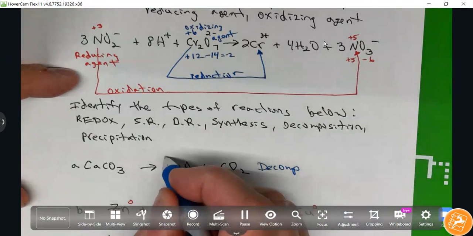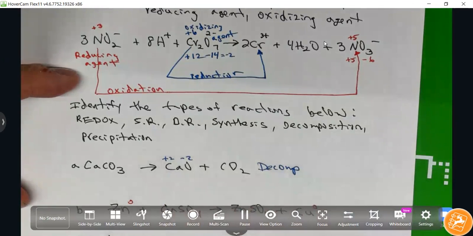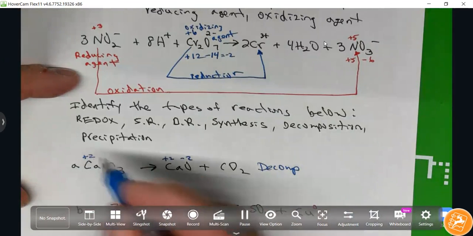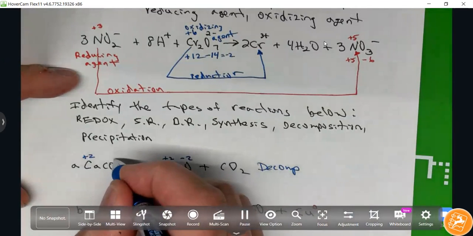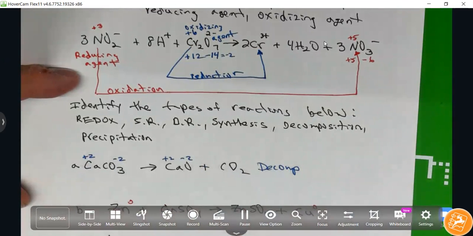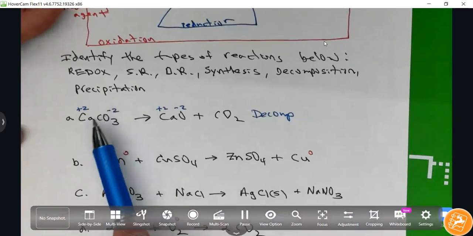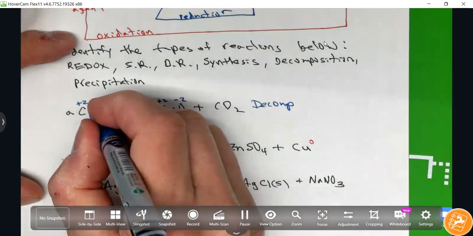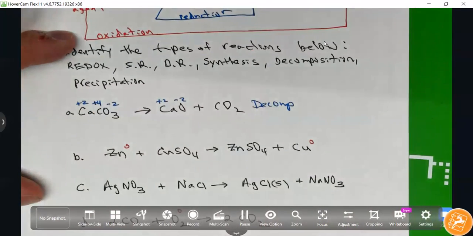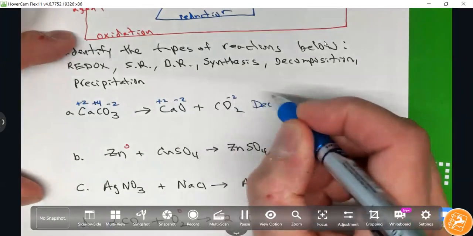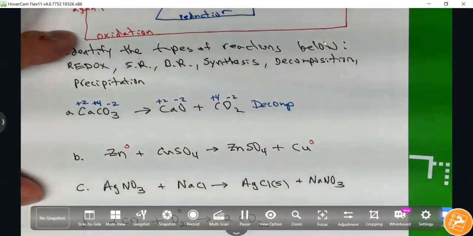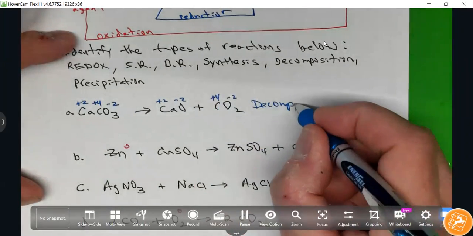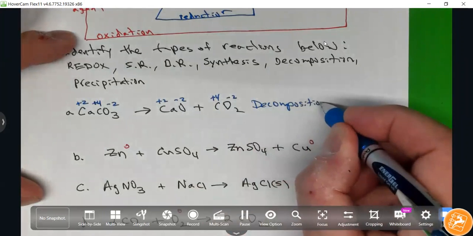Always, always, always +2, oxide -2. +2 here, -2 on the oxide. What is the charge of carbon? +4 there, right? And over here, if this is -2, that's a +4 carbon. So decomposition is not oxidation reduction.